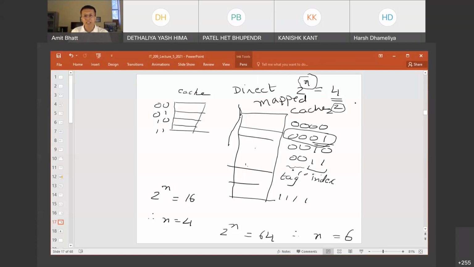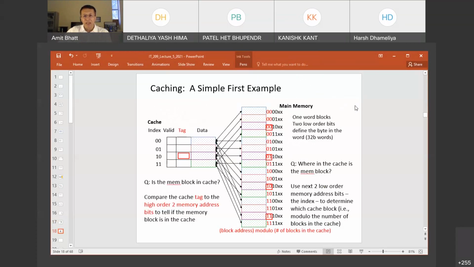So the idea is very simple. For example, if you want to put these 4 addresses, 0010, 0110, 1000, 1100, they would all gravitate over here. They would say, I want to sit here. Why?